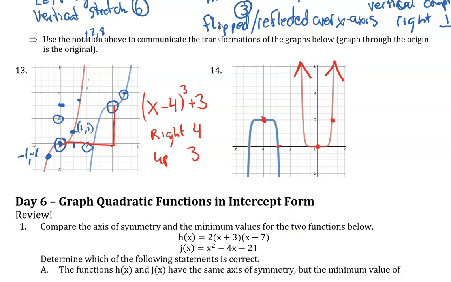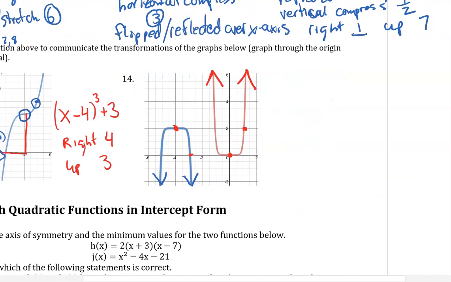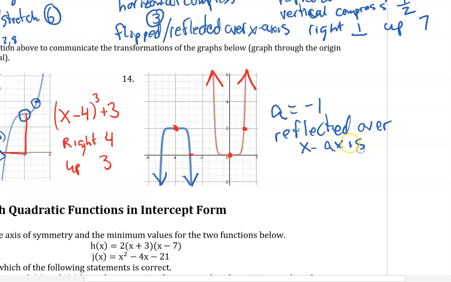The blue graph is facing downward. So the first thing we can say is a equals -1. It is reflected over the x-axis.